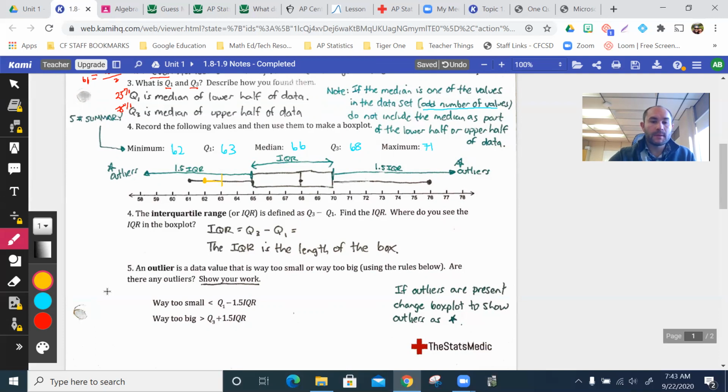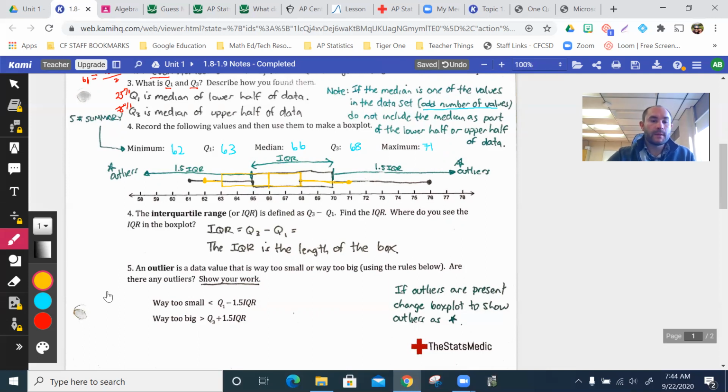The median is 66, so I'd have a bar here for the median, and then 68 would be Q3. So here's our box in the middle. And then where's our highest? 71. So there's 71. So this would be our box.